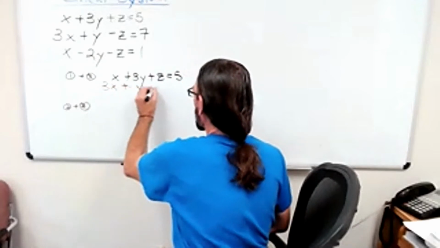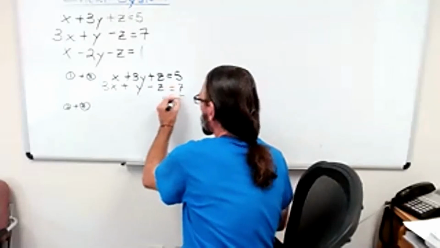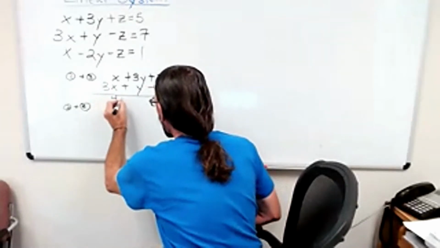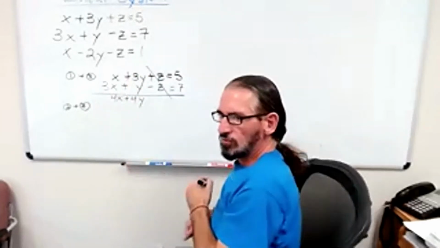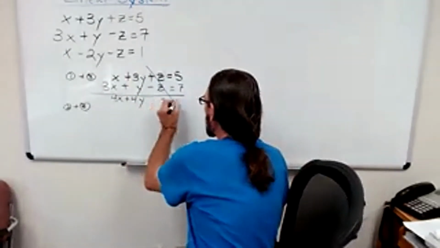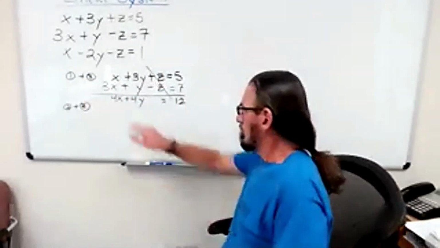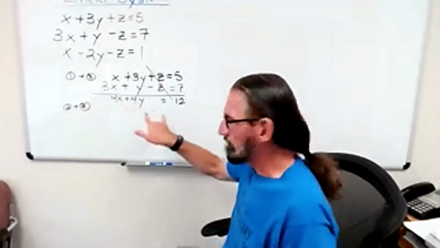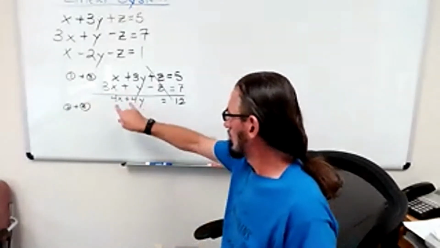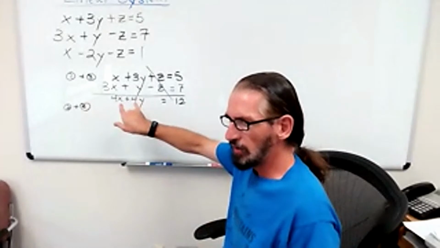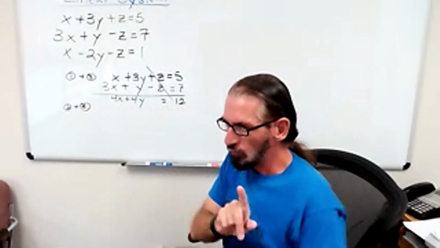Don't even need to do any multiplying to get the z's to cancel out. Got 4x plus 4y. The z's have canceled, and that's equal to 12. Notice that these 4's going to 12. It would be totally legitimate to multiply everything on both sides, all terms, both sides, by 1/4.